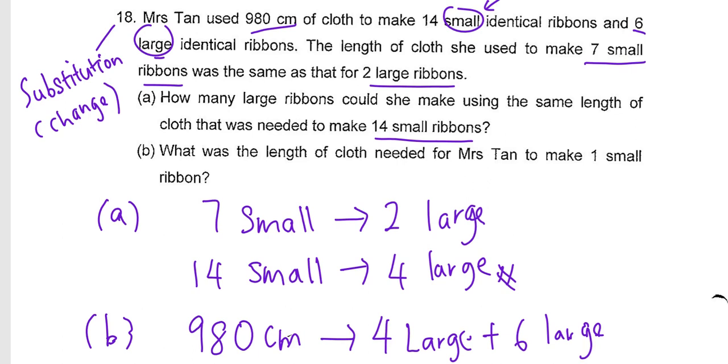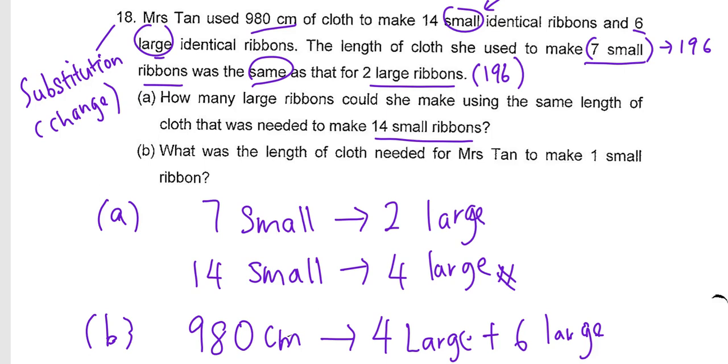And it is the same as 7 small ones. They say that it's the same as 7 small ribbons. So if 2 large ribbons need 196, 7 small ribbons will also need 196.